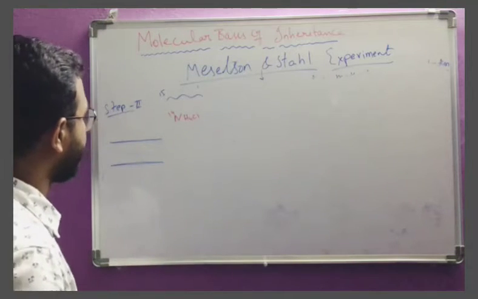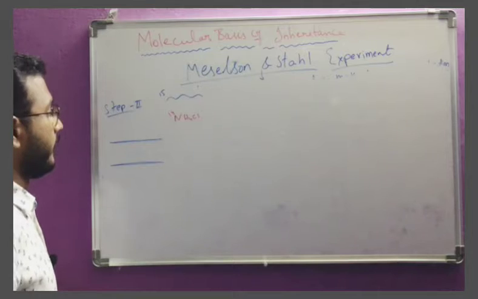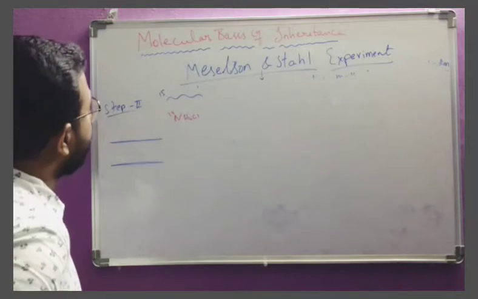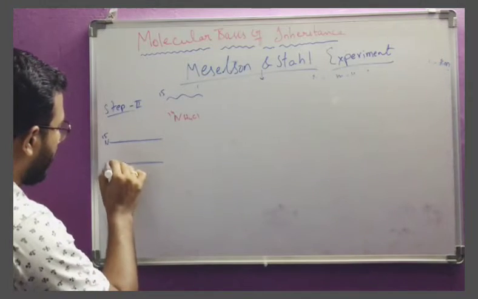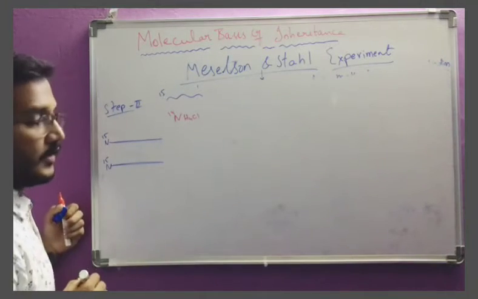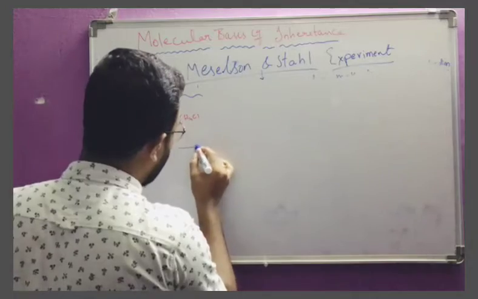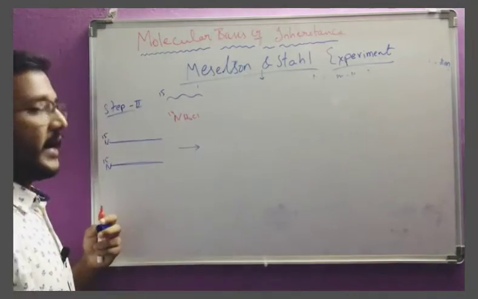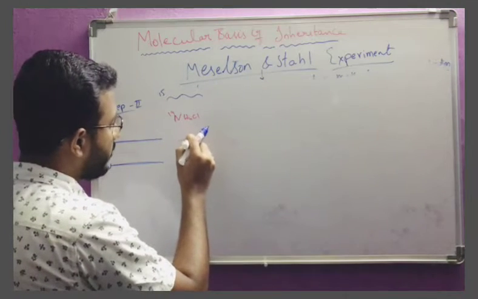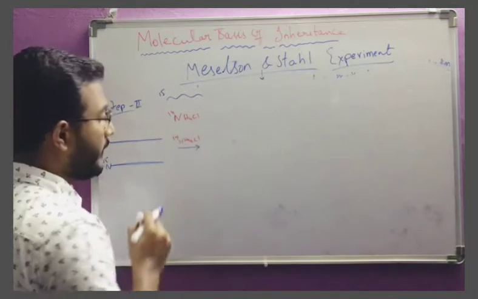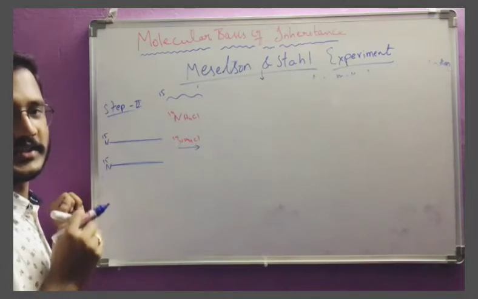Now in the first step, the DNA is N15 only. Now after multiple generations, what will happen? Slowly the bacteria, now we are growing in NH4Cl N14 medium.